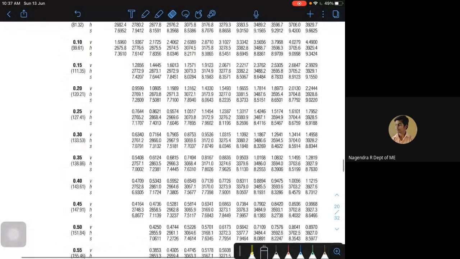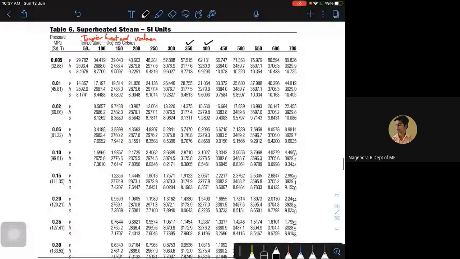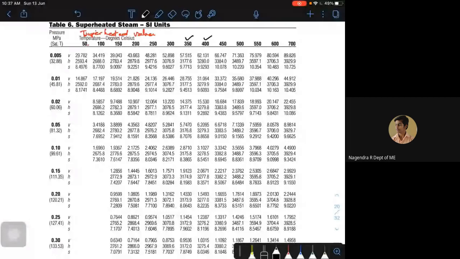I'm trying to look at the 350 and 400 columns. If you want, you can go with 300 and 350, but 360 comes between 350 and 400. Some tables have steps of 20 or 30, but very few steam tables do, usually 50 degrees will be there.